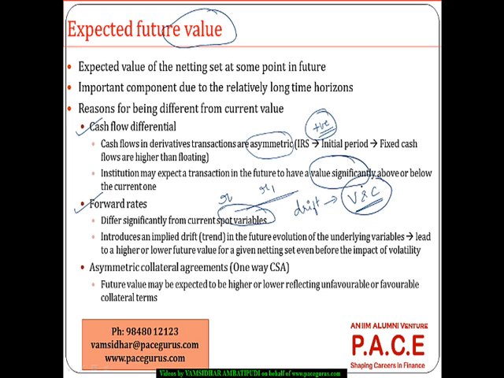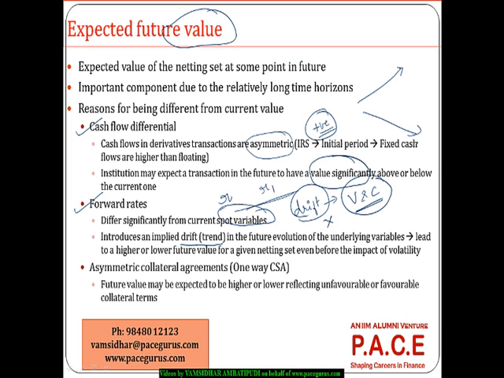If it is for short term, we generally ignore the drift component of that variable. We majorly focus on the volatility and the correlation aspects of it only. But if I am looking at it more from a long term standpoint, there is a possibility of the drift in the future. Either the value will be constantly up or constantly down compared to the present, which means if I am using that particular number in the future, all the calculations will be impacted accordingly.